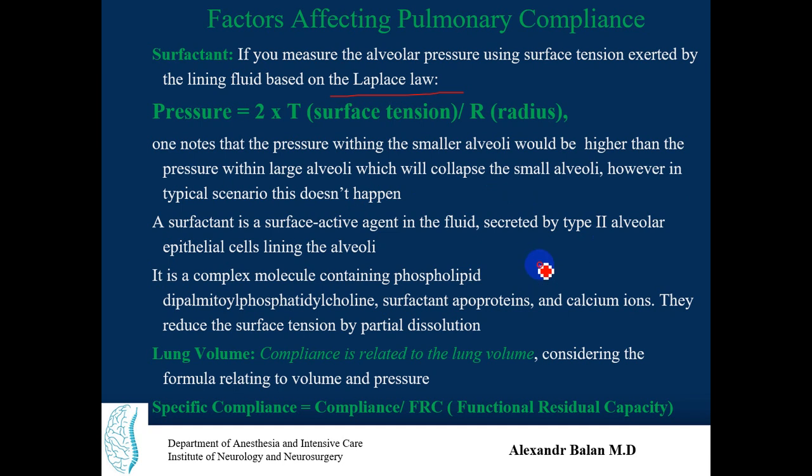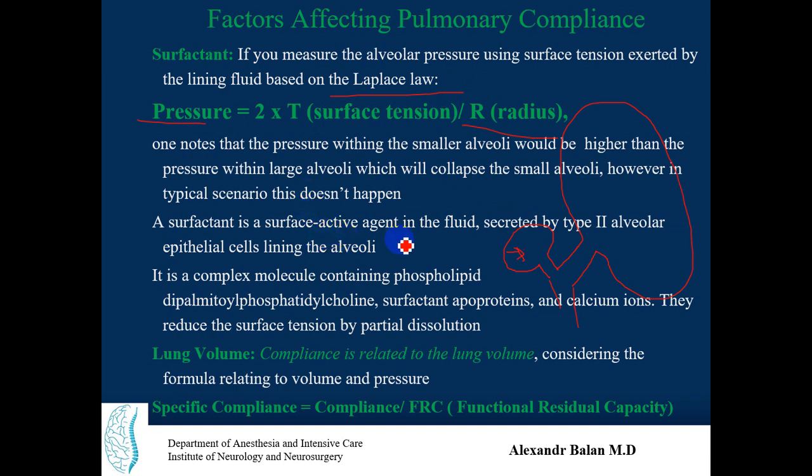For example, here we have one small alveolus, and close to this one we have a big alveolus, and of course the probability of this one to collapse is greater. Lower radius, greater pressure; greater radius, lower pressure.